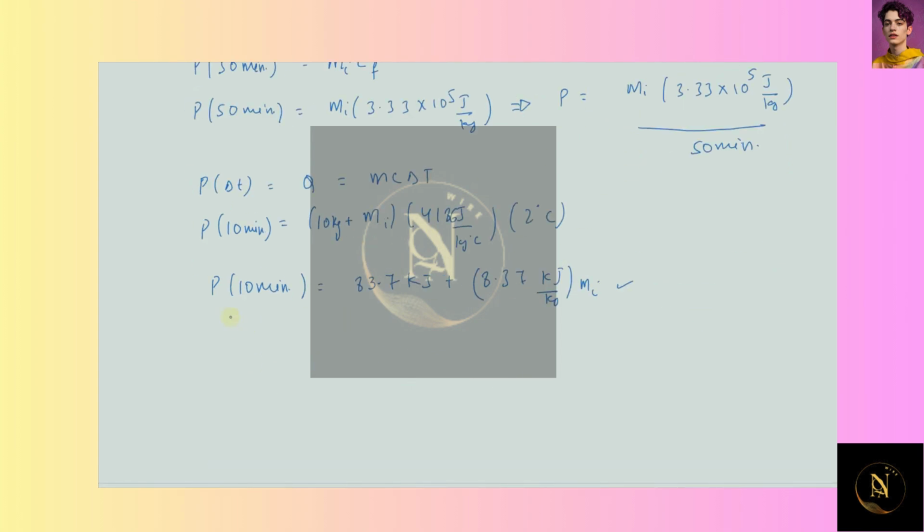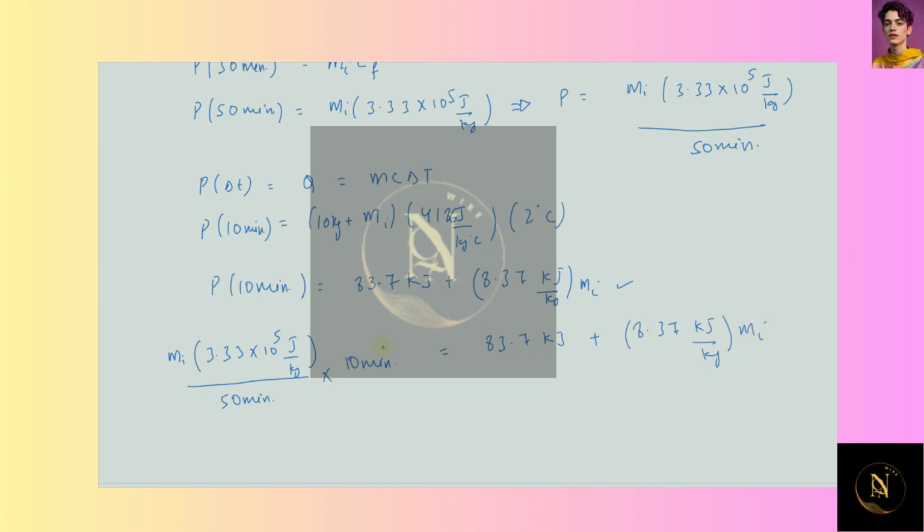When I plug P in this, we get mi times 3.33 into 10 to the power 5 joule per kg, divided by 50 minutes and multiplied by this 10 minutes. This is as it is, and it will be equal to 83.7 kilojoule plus 8.37 kilojoule per kg times mi.